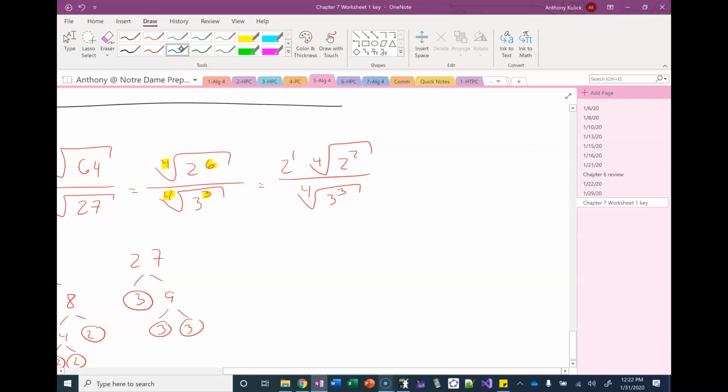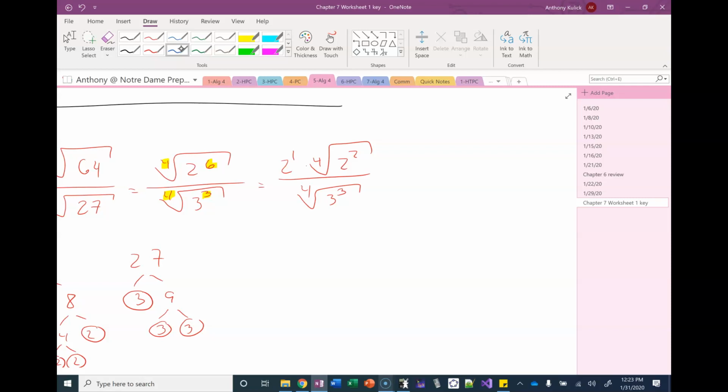I have a fourth root of 3 to the third, right? How many more 3's do I need to add to that so that I can exchange? I need one more 3. Everybody agree with that? Because I have a 3 to the third, and I can exchange when I get to 4.